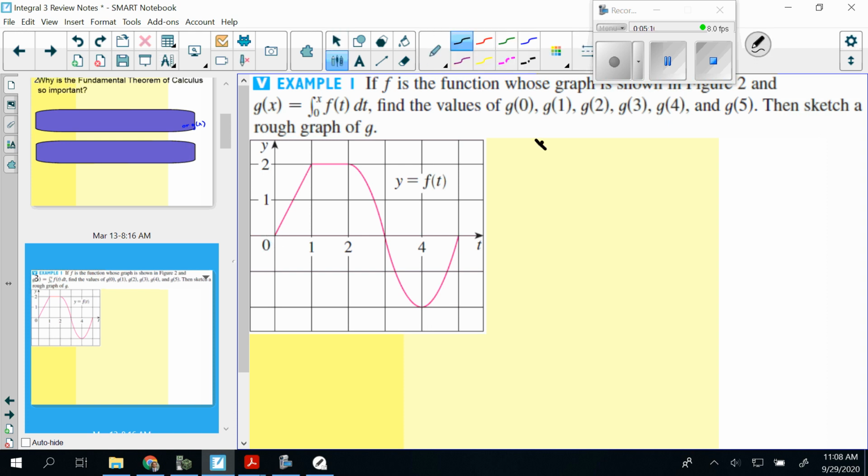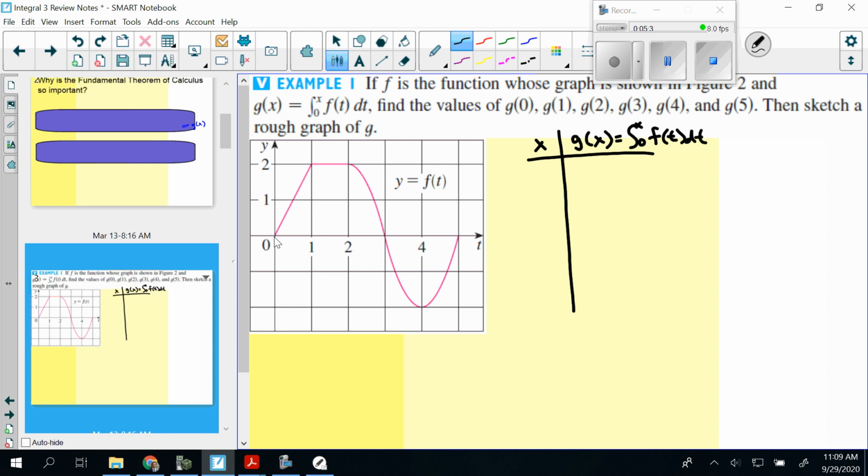So we're going to have our inputs of x, and then over here what g of x comes out to be, remembering that this is actually going to end up being that integral from 0 to x of f of t dt.